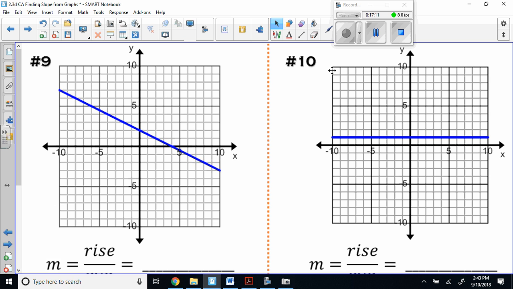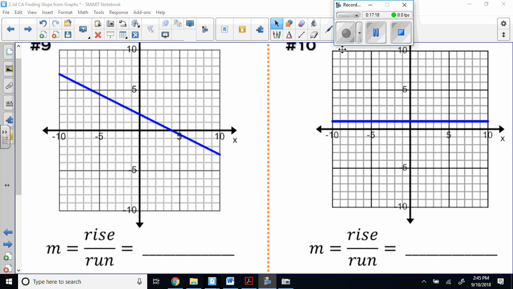All right. I need you to look at number 10. I need you to do that one. Take 30 seconds to do that. Go. Okay, you got an answer on this one yet? Number 10? First things first, I need to put a point where it crosses the y-axis, right? It crosses on a perfect grid, doesn't it? All right, my other objective is to find where it crosses at another perfect grid.